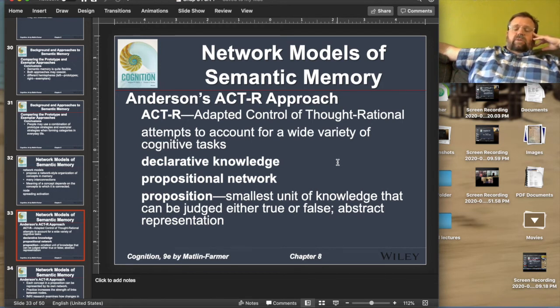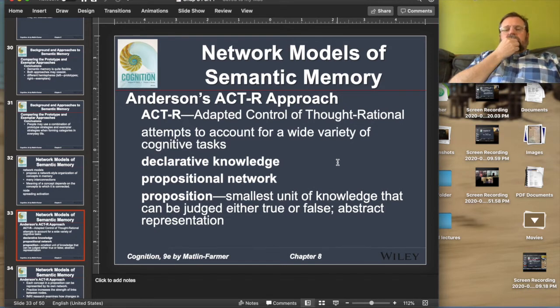Declarative knowledge is our factual knowledge, but that's also contained within a propositional network. A propositional network is the smallest unit of knowledge that can be judged either true or false. It's more of an abstract representation.